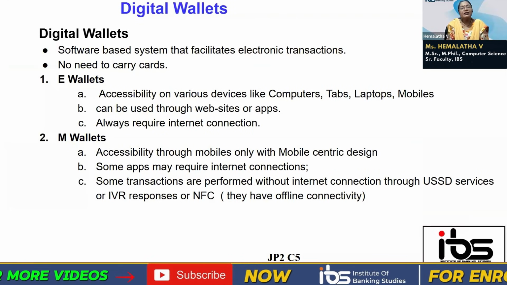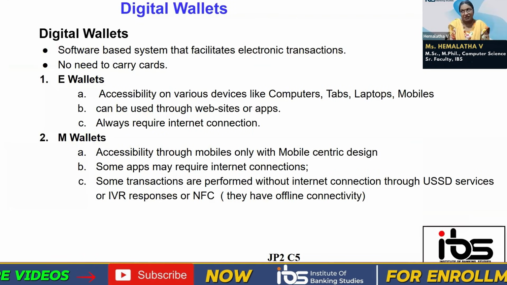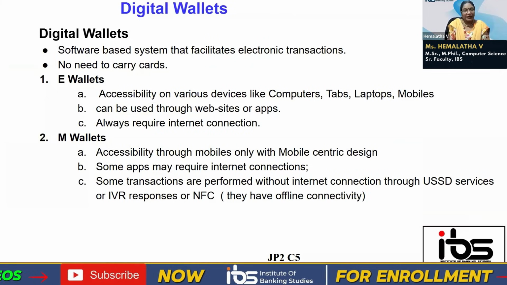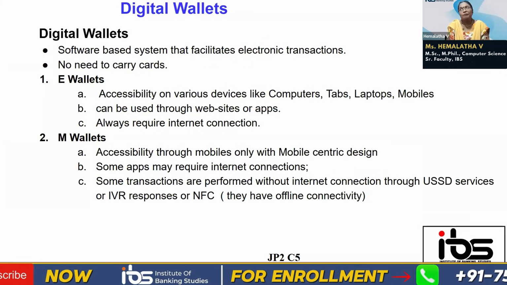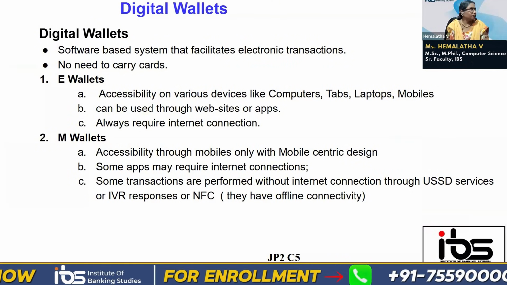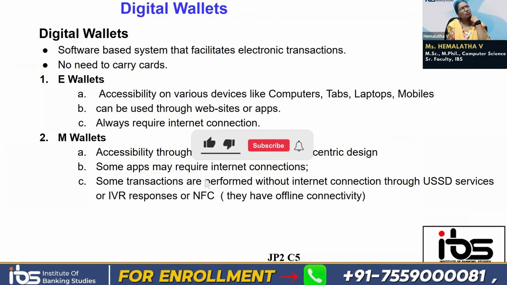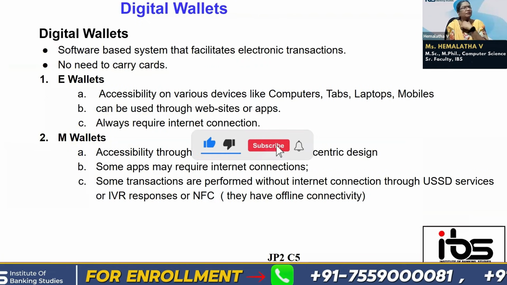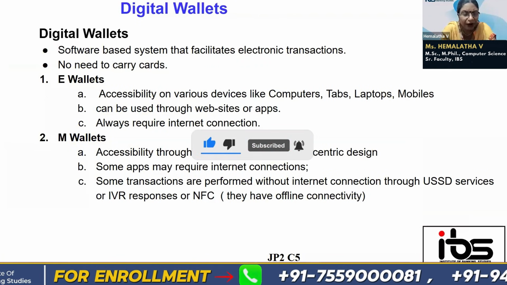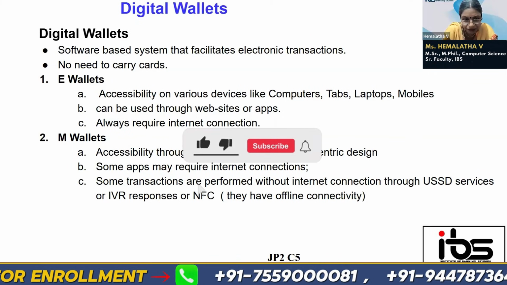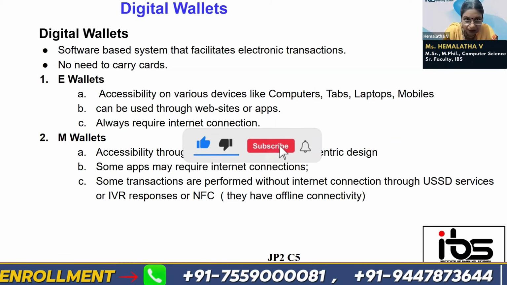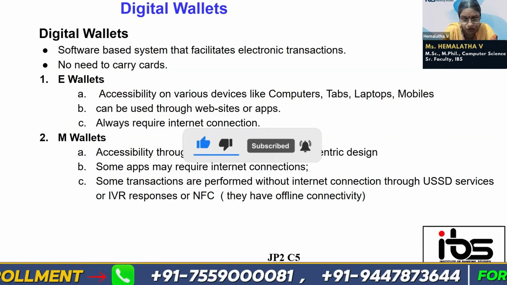Then digital wallet. Wallet means purse. The digital wallet is nothing but your GPay and then you have PhonePe. There was some issue in PhonePe, I think. Now this e-wallet is something you can use through your app.